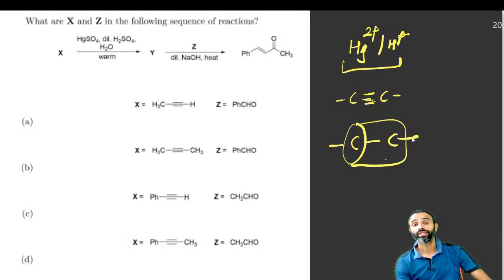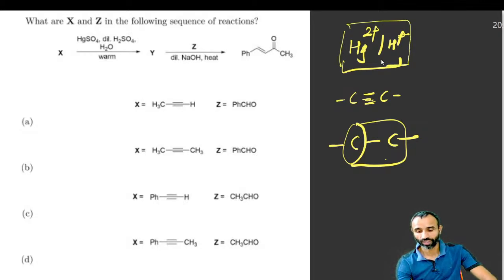That's why alkyne is less reactive than alkene towards addition reaction. In case of alkene we use only H2O in H+, but in case of alkyne we need one more reagent, HgSO4 along with water and H2SO4.